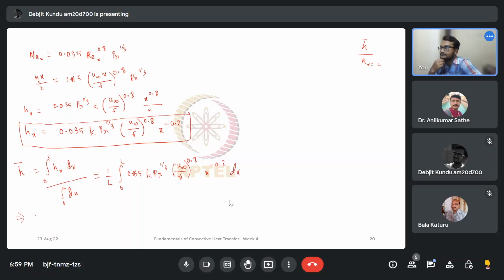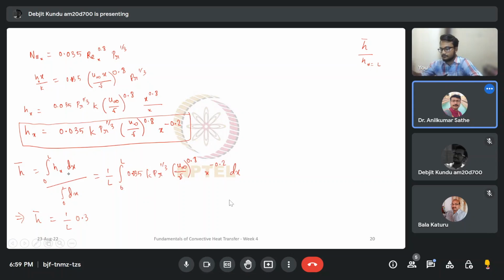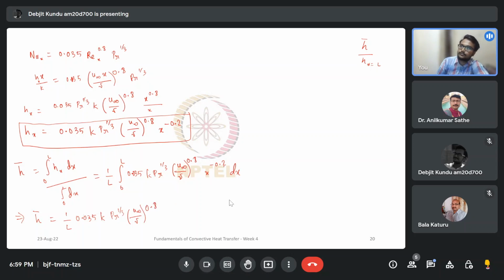So h bar is equal to 1 by L times 0.035 k Prandtl number to the power one third, u infinity by nu to the power 0.8, and integration of x to the power minus 0.2.